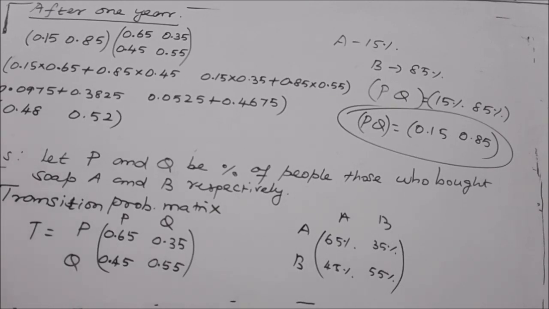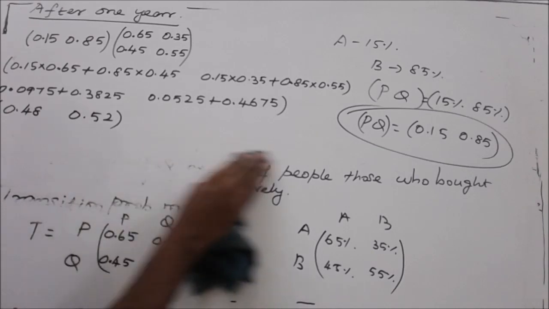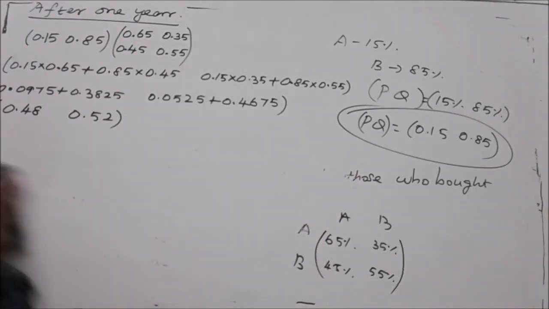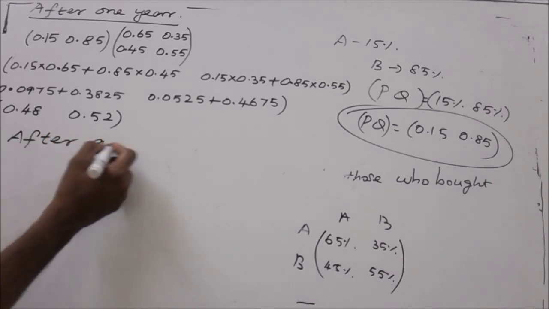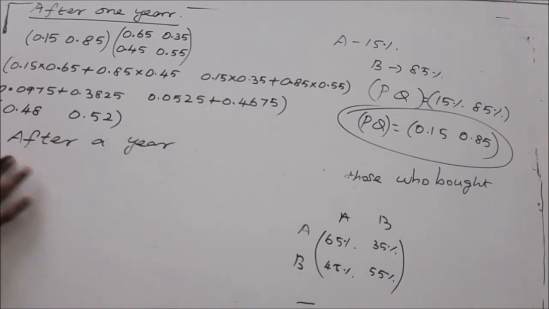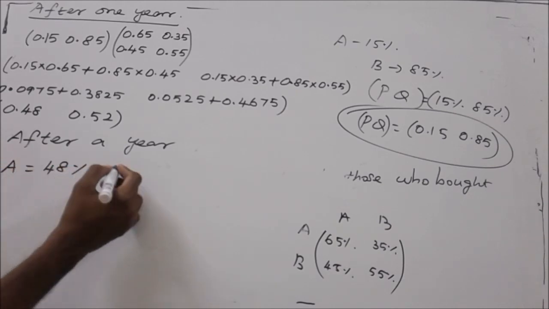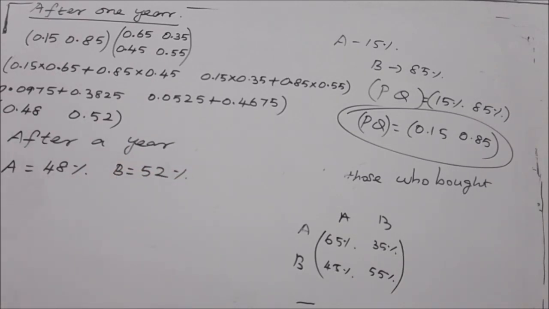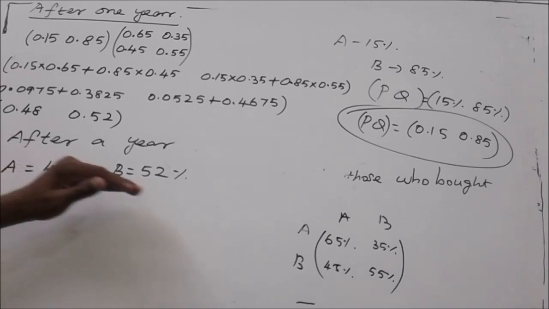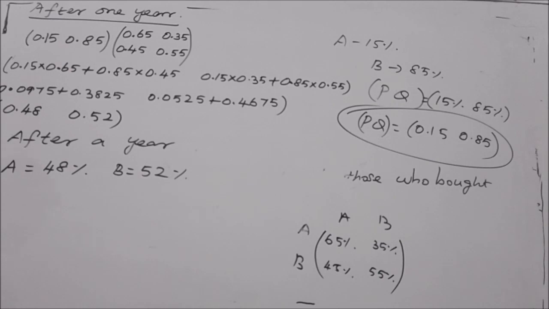Therefore, after 1 year, the market position is A equal to 48% and B equal to 52%. 48% of the product is bought by the people of A, and 52% of the product B is bought by the people. So these are the respective percentages after a year of the two products.